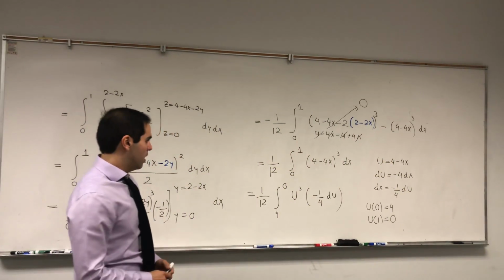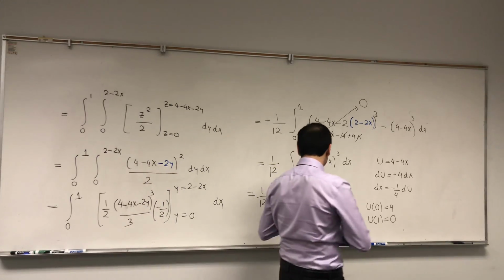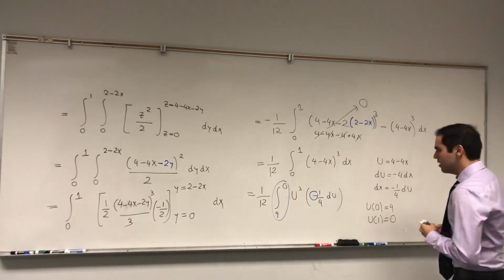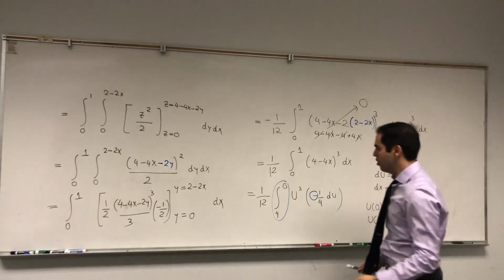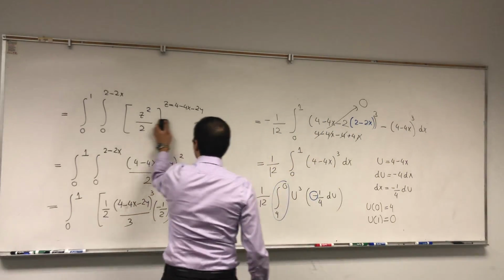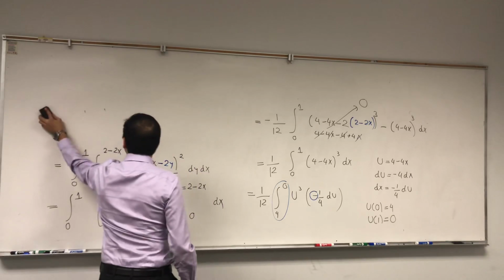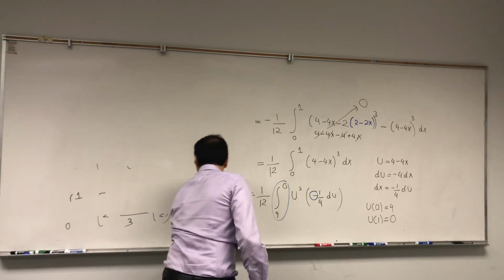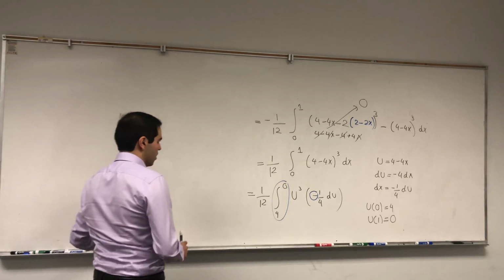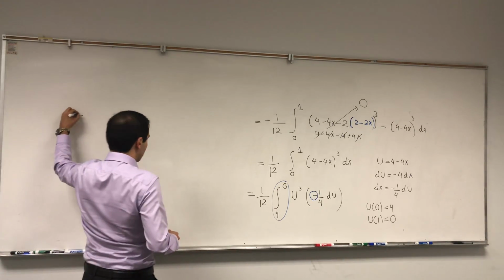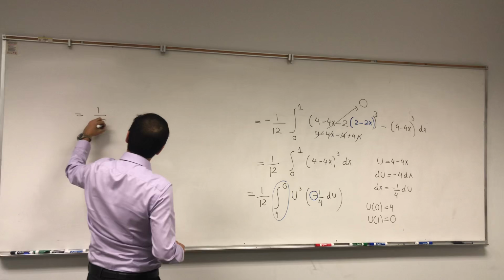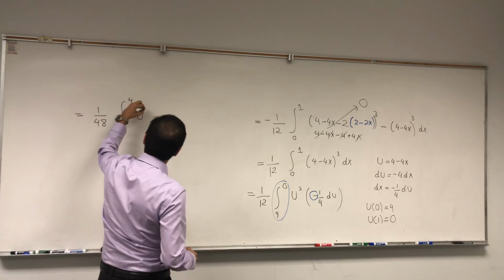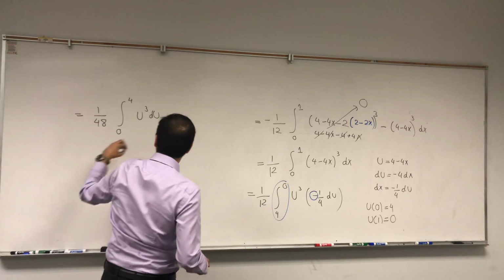You see the minus simplifies with this reversed order. And then 1/4 times 1/12 becomes 1/48. So 1/48 integral from 0 to 4 of u cubed du.